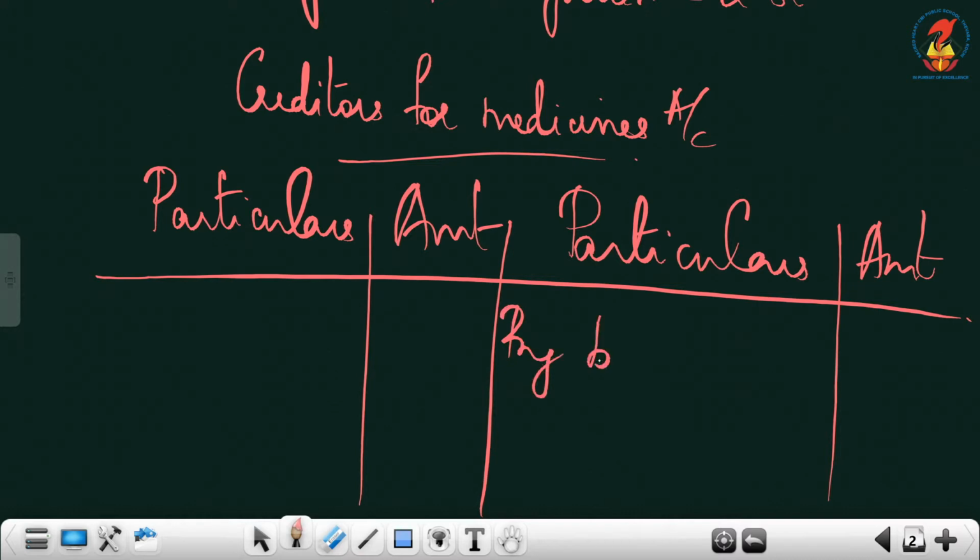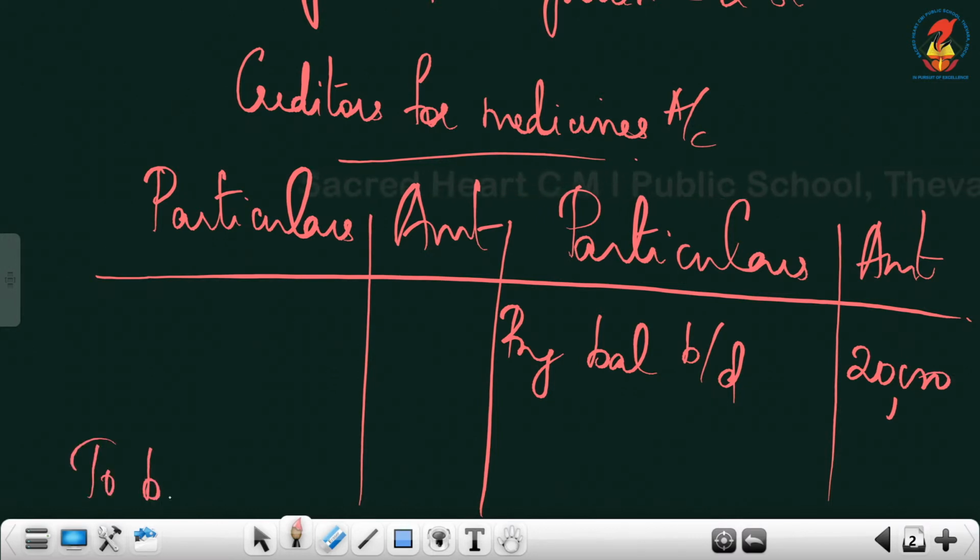Opening balance we have to write on the credit side by balance brought down, that is the opening balance. Opening creditors 20,000 is given in the question. Then you have to write the closing balance. Closing balance must come on the opposite side.